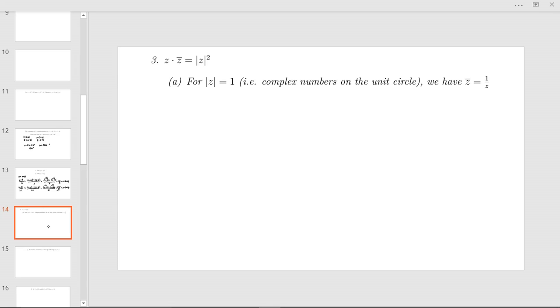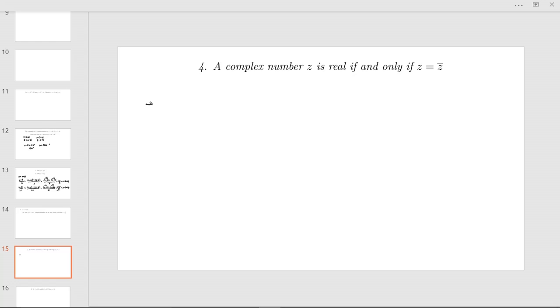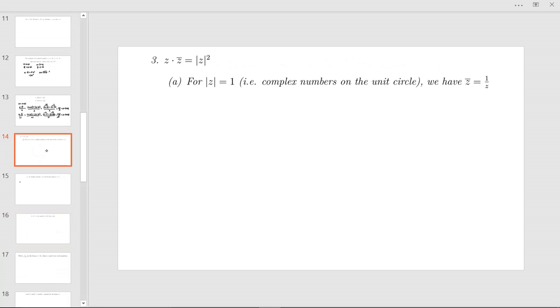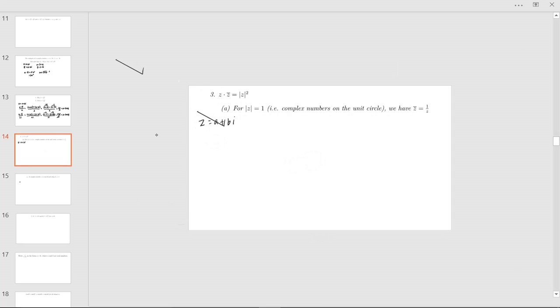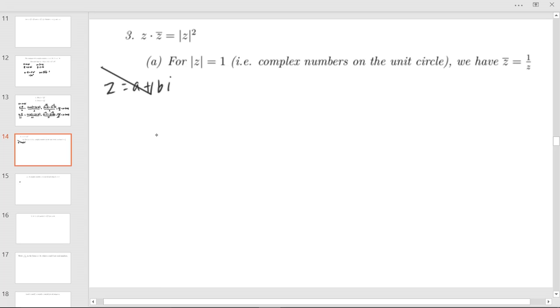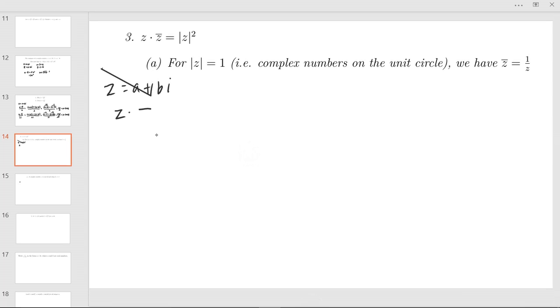Next, we will prove the following theorem. z times the complex conjugate of z is equal to the magnitude of z, the whole squared. Again, we take z equal to a plus bi. We have z times z bar is equal to a plus bi times a minus bi.